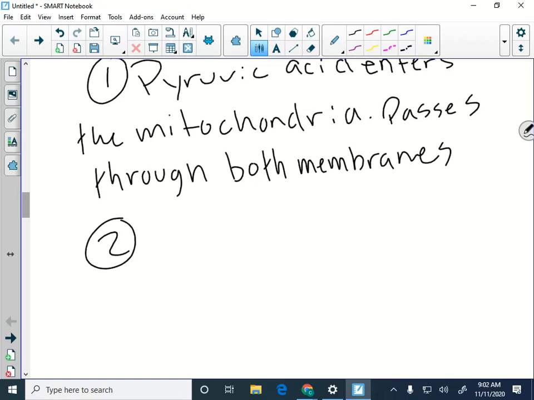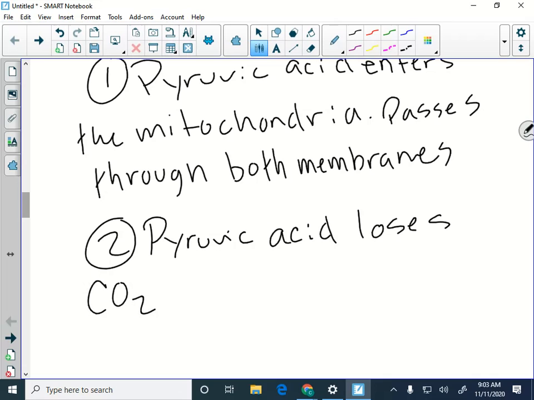Step 2, our pyruvic acid is 3 carbons, right? We're going to lose one of them. So we lose a CO2, so pyruvic acid loses CO2 and gains something called CoA, which is like a subgroup.